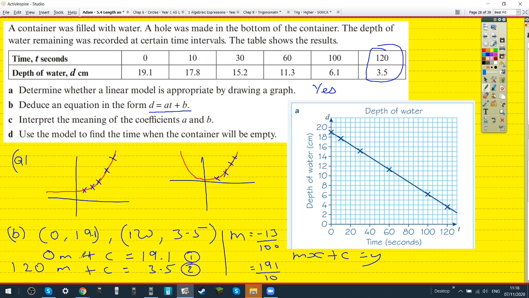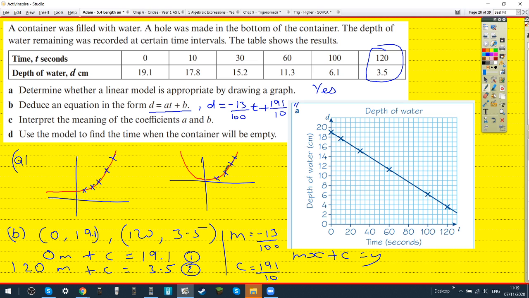We didn't have d in our simultaneous equations. Oh wait, would it just be y then? We didn't have y. What letters were in our simultaneous equations? Oh, it's c. Sorry. Yep. So that's m, that's c. And so what is the equation of the line? d equals minus 13 over 100 t plus 191 over 10. Well done. That's good.